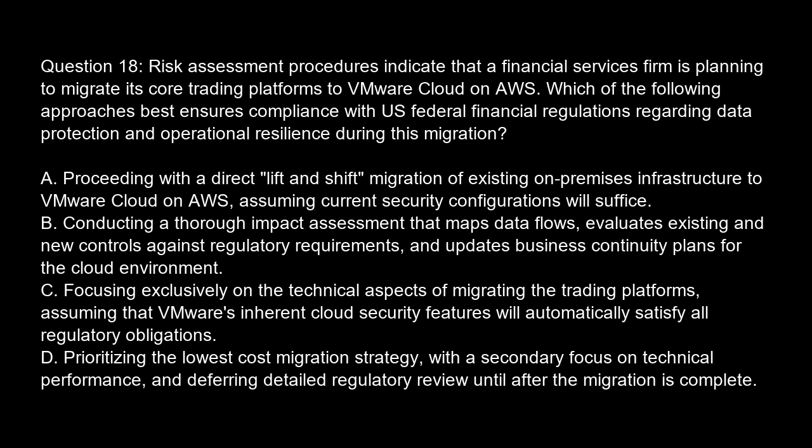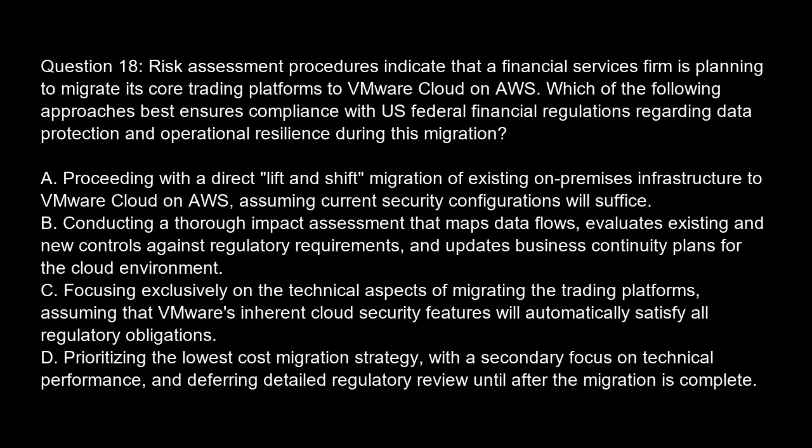Option A. Proceeding with a direct lift and shift migration of existing on-premises infrastructure to VMware Cloud on AWS, assuming current security configurations will suffice. Option B. Conducting a thorough impact assessment that maps data flows, evaluates existing and new controls against regulatory requirements, and updates business continuity plans for the cloud environment.